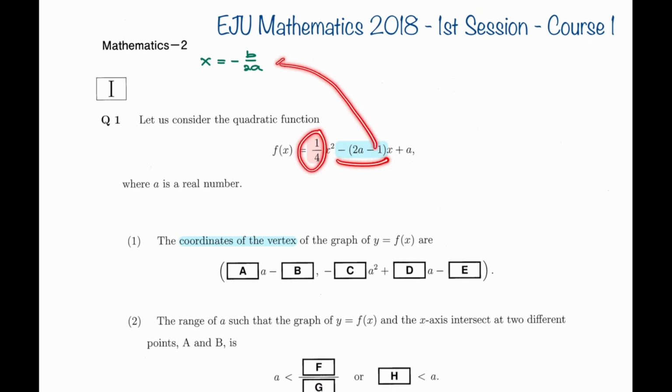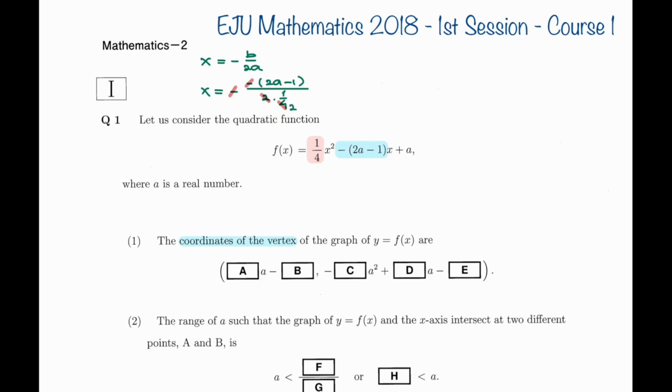If you substitute into that equation, you will obtain x equals minus b, minus open bracket 2a minus 1, over 2 times a. a is 1 over 4. And then you can cancel out the negative here. 2 times 1 over 4, you will get 1 over 2.